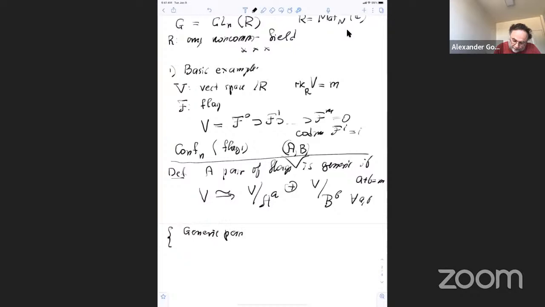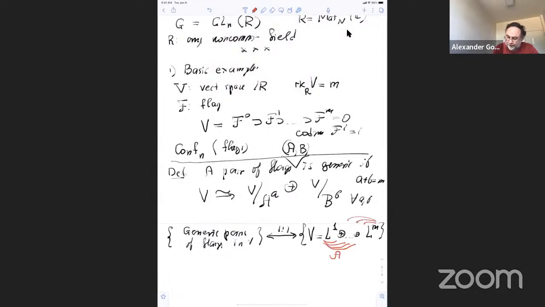And then it's a very well-known fact that if you consider just generic pairs of flags in V, this is the same thing as decompositions of your vector space into a direct sum of one-dimensional subspaces. And in this decomposition, you can return back very easily. You just take the filtration which is induced looking from the left or from the right.